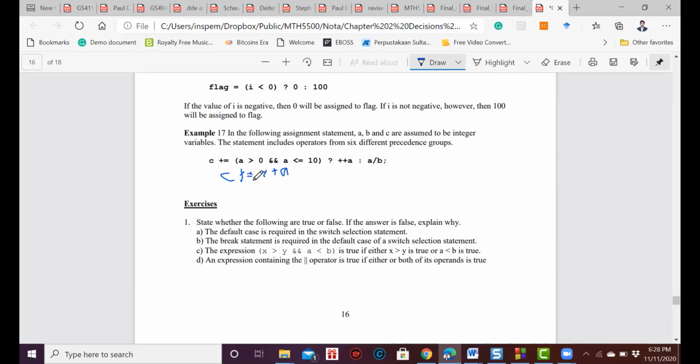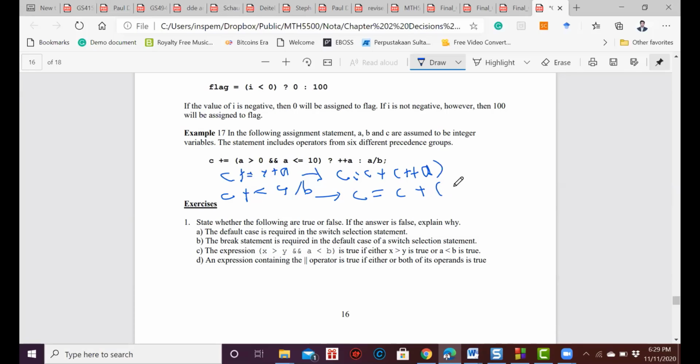Okay, so C plus equal plus E is equivalent to C equals C plus E. It cannot be like that, everything must have brackets. Plus E. Okay. So otherwise, C plus equal A divided by B is equivalent to C equals C plus A divided by B, so don't miss the bracket here.